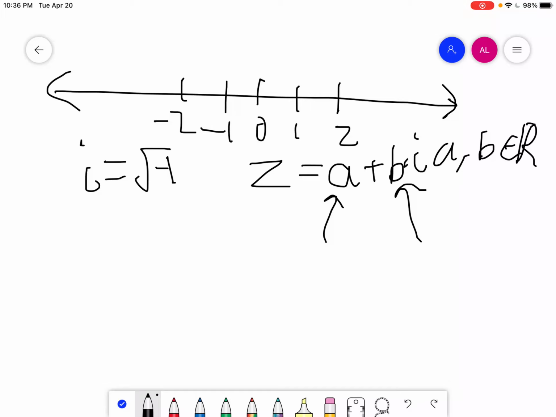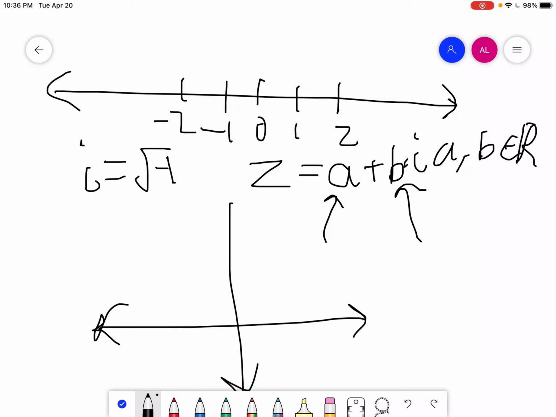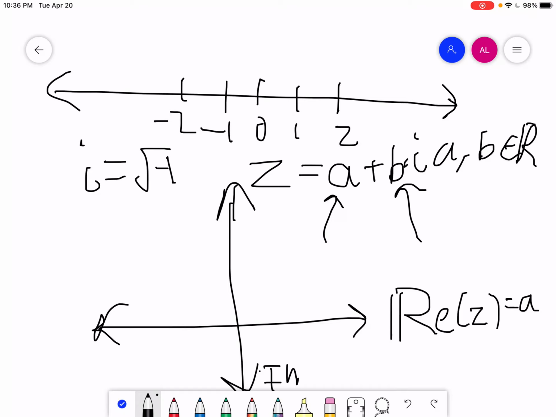So one way to plot complex numbers is by plotting them in this plane, where the horizontal axis is the real part of z, which is a, and the vertical axis is the imaginary part of z, which is equal to b.